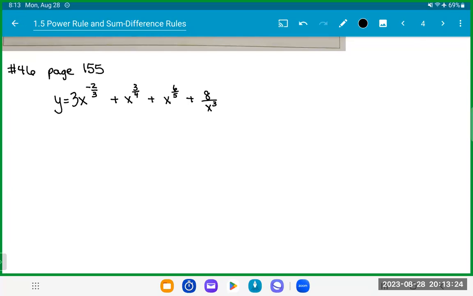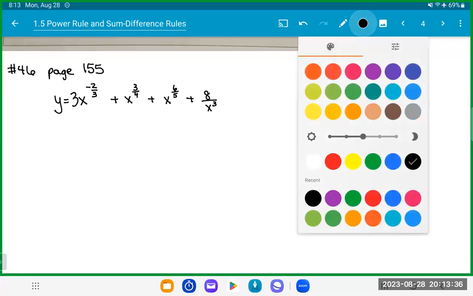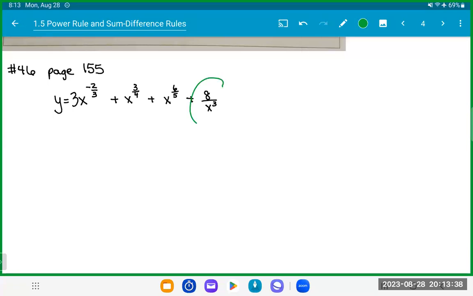All right. So if we had a problem like this, first of all, you don't have a rule yet for how to deal with something in the denominator. So let's go ahead and rewrite this as 8x to the negative 3.